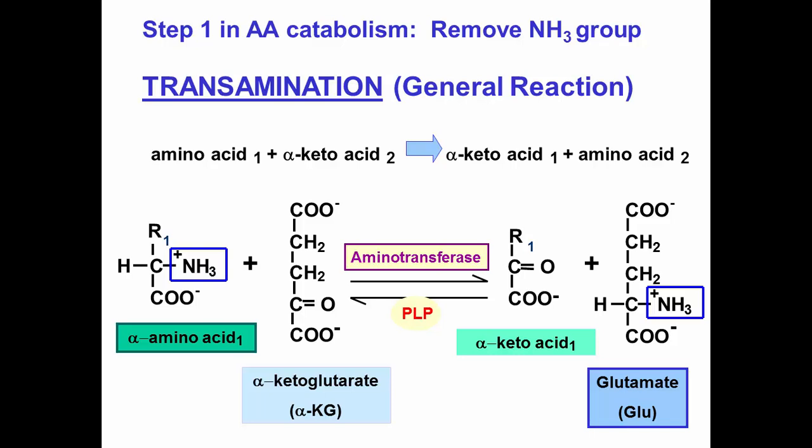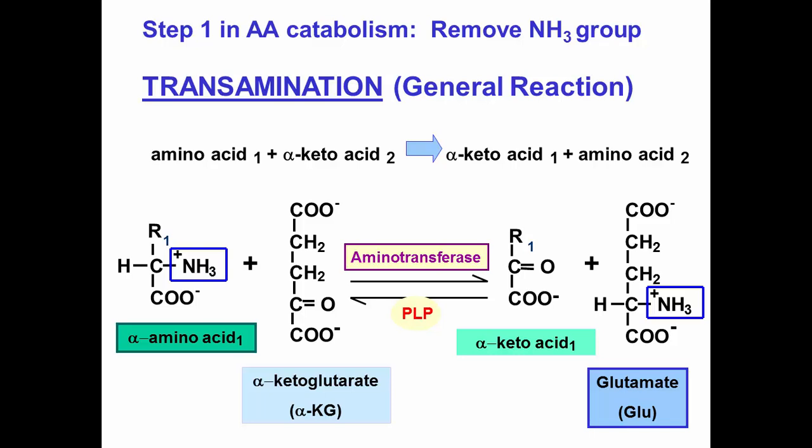In this case, I'm showing alpha-ketoglutarate as a very prime suspect in many transamination reactions. There's an enzyme involved in the yellow with the purple. That's my enzyme signal to you, aminotransferase. This is obviously a generic equation. When that amino group leaves this amino acid, it becomes the alpha-keto acid of that, shown by this R1 here.